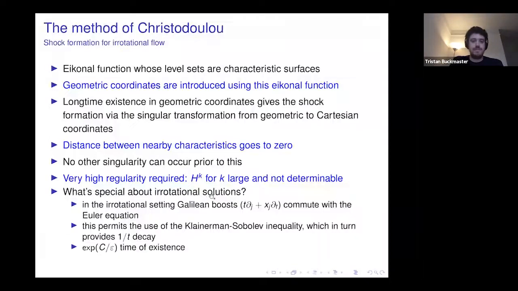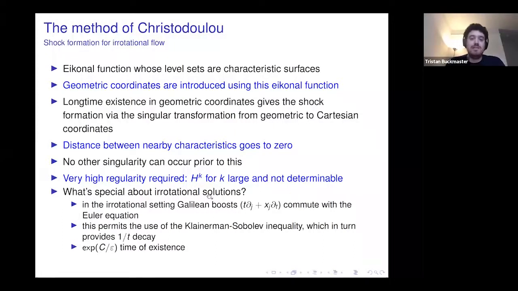Okay, so this is just a brief overview of their methods. They introduce the eikonal function and introduce geometric coordinates in order to track the shock. They have long time existence because you're in the irrotational setting with small data.